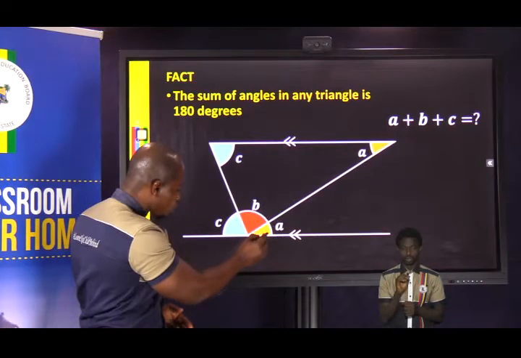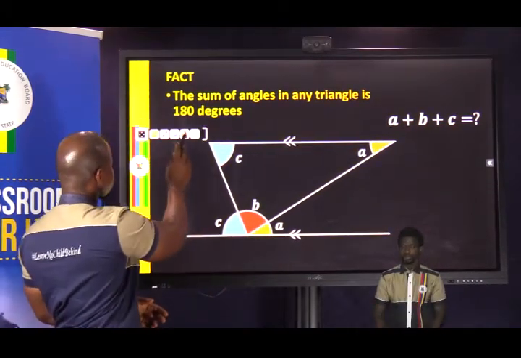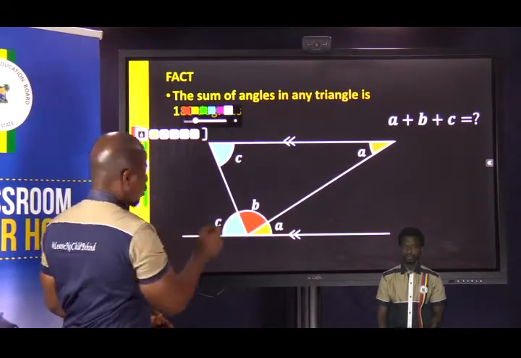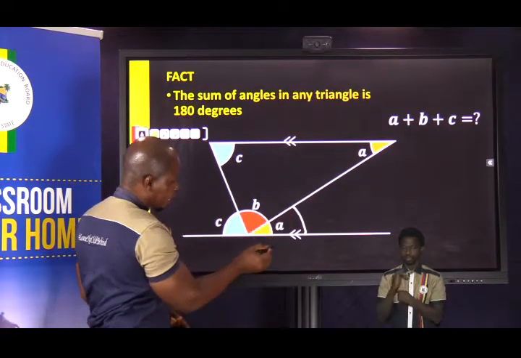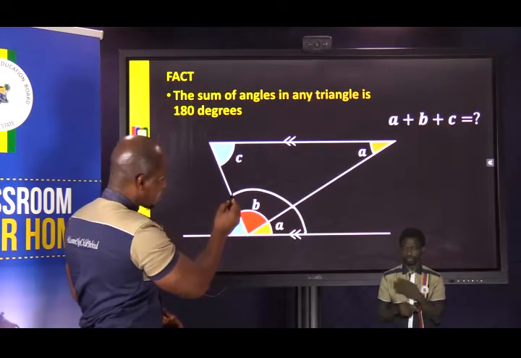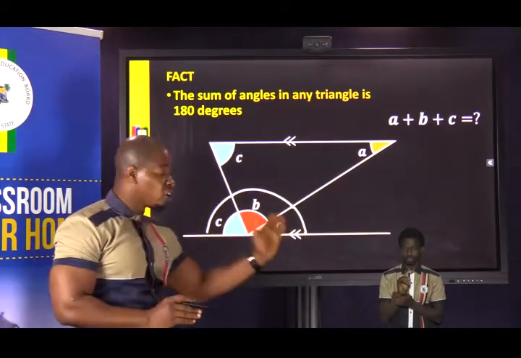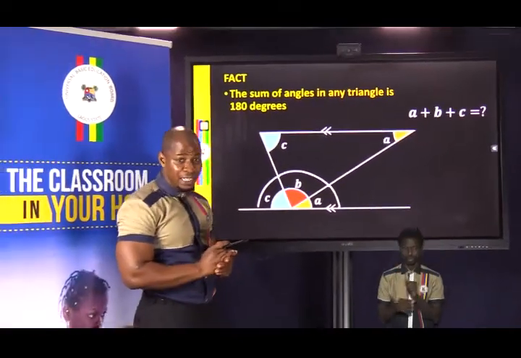So these three angles, A from here to here, let me use a pen. Okay, so from here to here is A, then B, then C. Everything forms a semicircle laying on the straight line. And that means that A and B and C is 180 degrees.